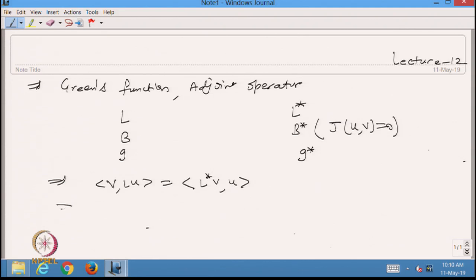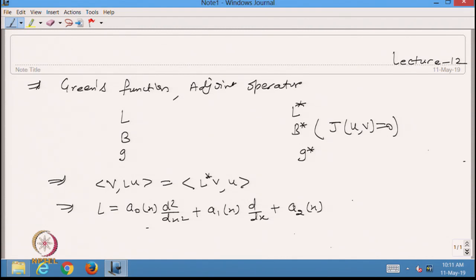And I also know that L is equal to A naught d square by dx square plus A1 d by dx plus A2.